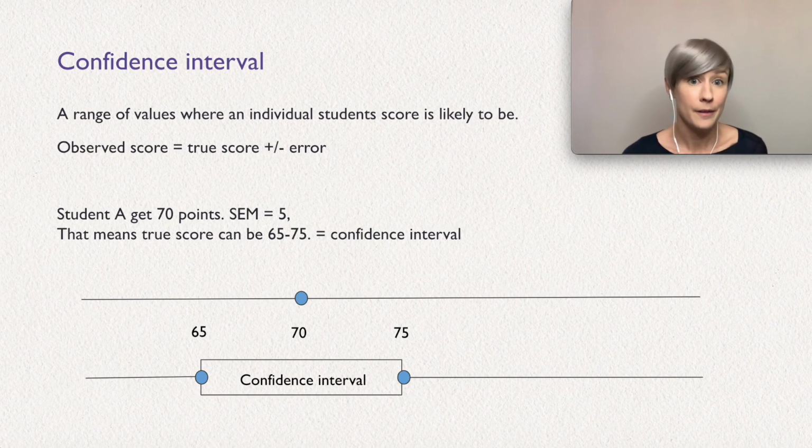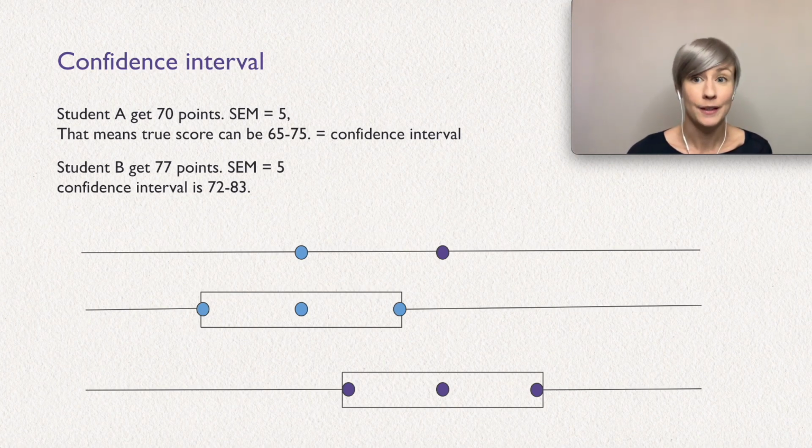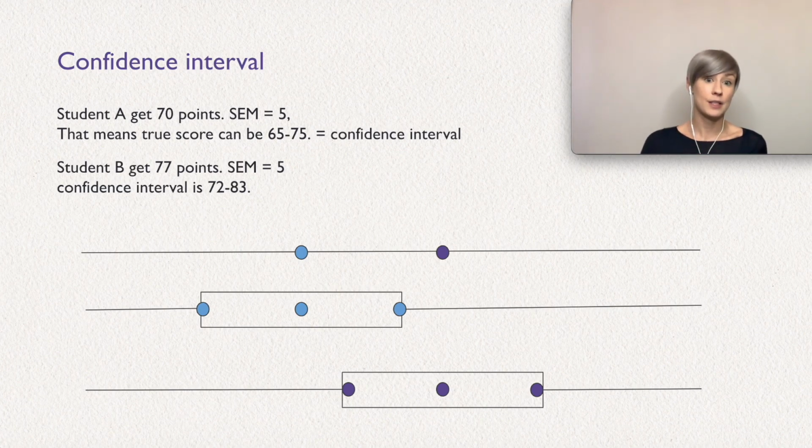So let's add another student, student B, and they get 77 points on the same test, and therefore have a confidence interval between 72 and 82. Here you can see that I have drawn out both students. I haven't put in the numbers on the lines because that was hard because of space issues, but I think you get the idea.